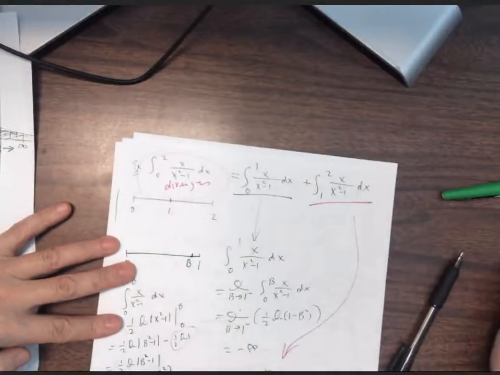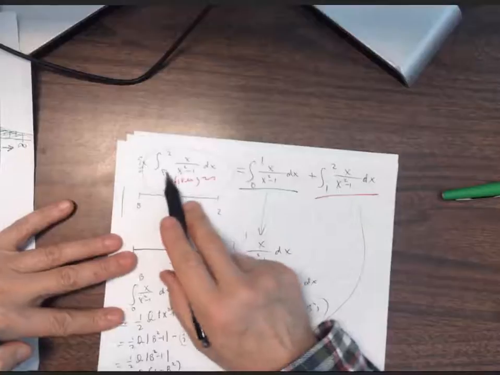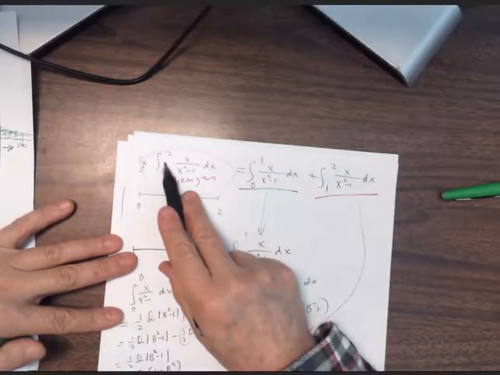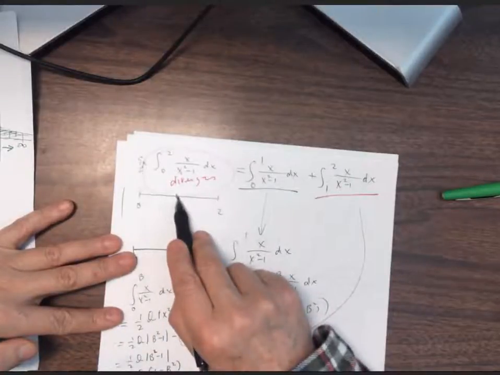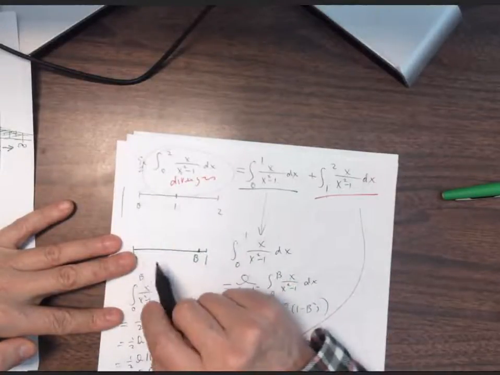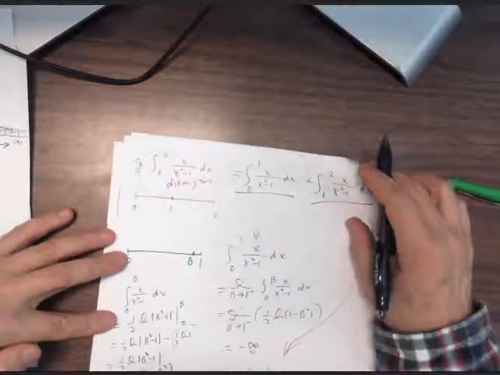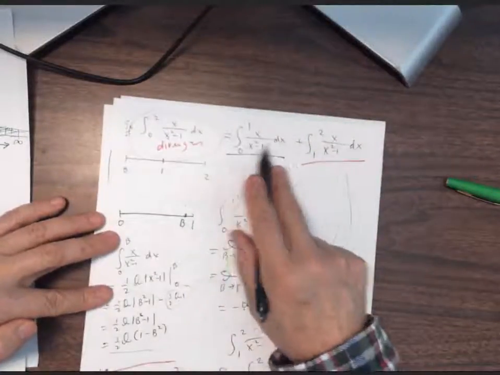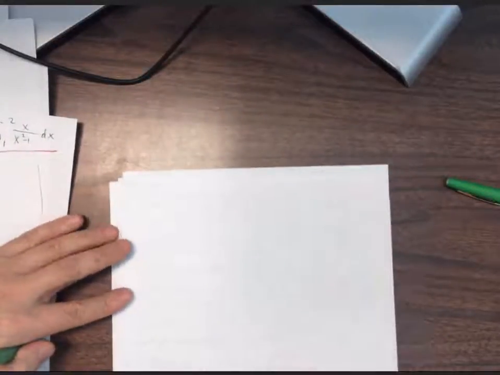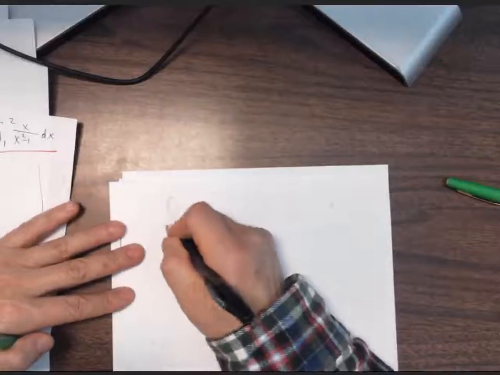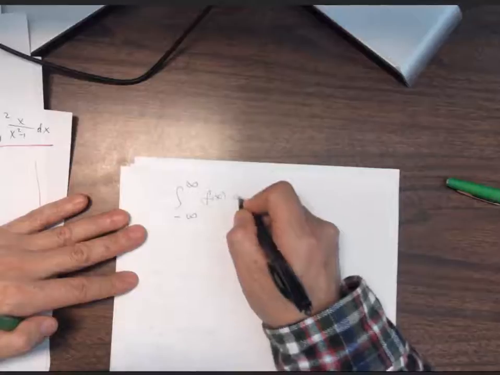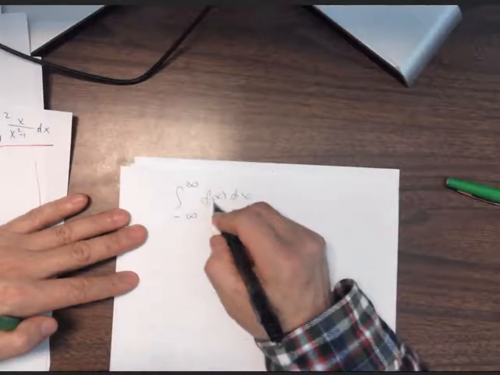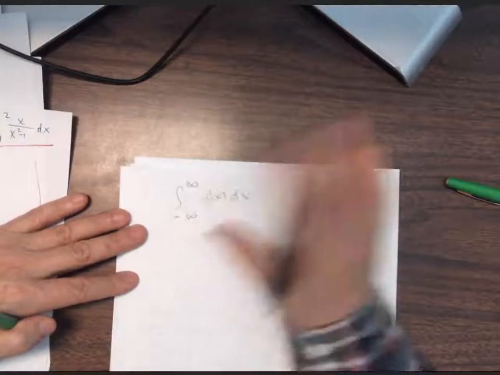Now, I just want to show you when something is wrong between the endpoints, like at 1. What happens is you just split it into 2. Now, if it's an improper integral involving both infinite limits, assuming nothing else is wrong, if functions are defined everywhere, that's just more complicated.